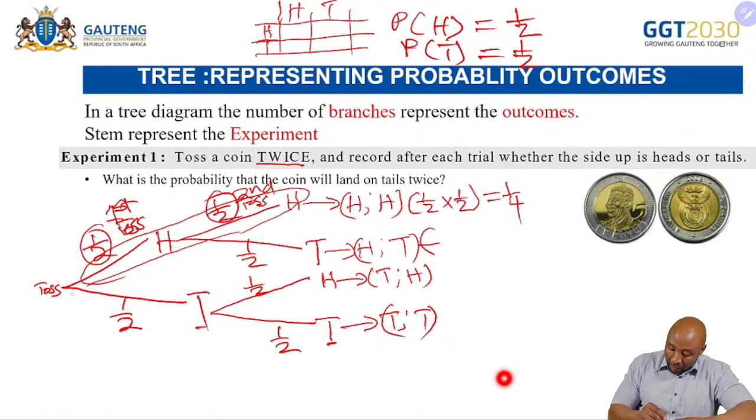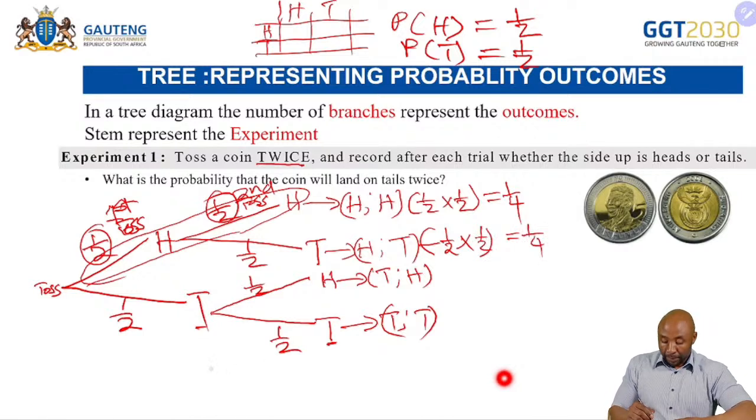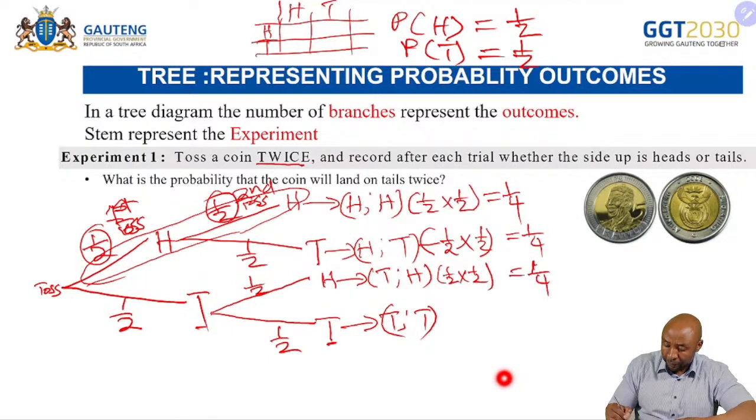For this one again, our first outcome, the probability is a half. They are independent. We get a half, and that gives us 1/4. Looking at the other branch, it's this half multiplied by that half. It will also give us half times half, giving us 1/4. And the other one also, it's half times half, and that will give us 1/4.